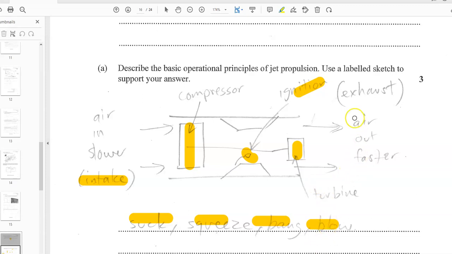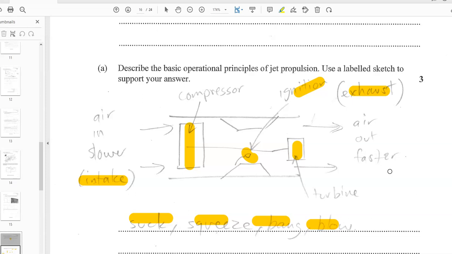And then it is exhausted faster. So you need to say that the air entering goes out faster because that's how we generate thrust. This process accelerates the air, and by accelerating the air, Newton's 3rd law says that if it goes fast out of the engine, the engine is going to move forward fast. And you talked about exhaust.